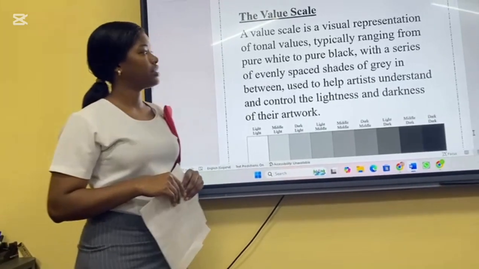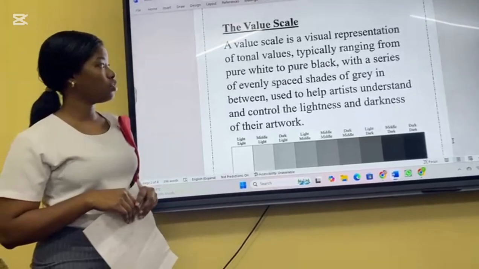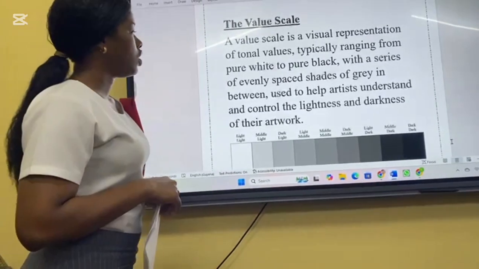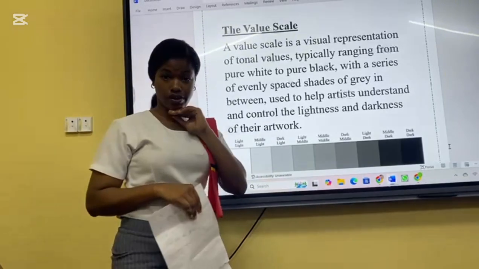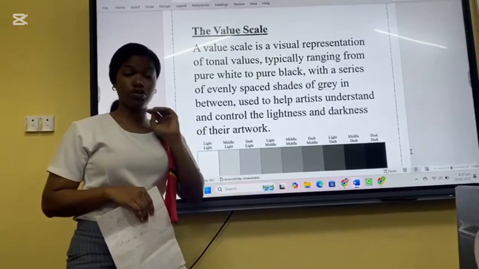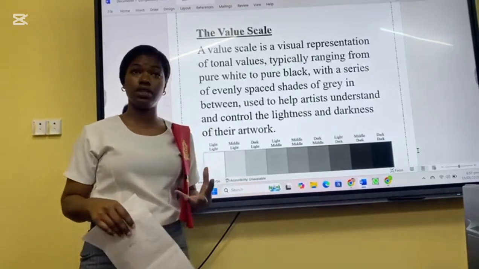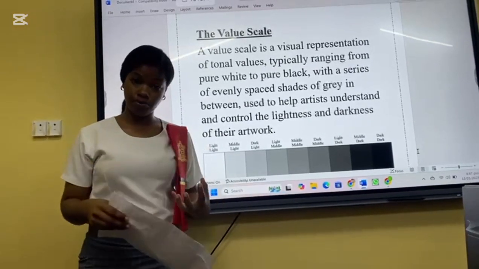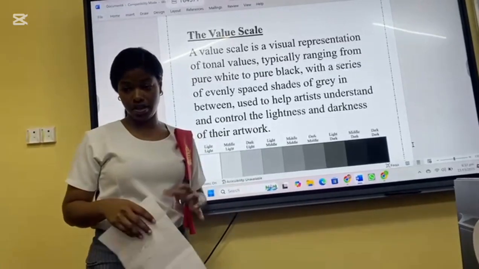Yes. Alright, students, so that is correct. Thank you, Alia. Now, our value scale is very important, alright? It really helps to give life to our composition. It really helps to add depth, right? It gives form, right? Understanding this really brings to life our drawing composition, alright?